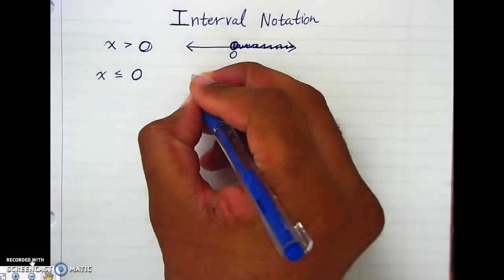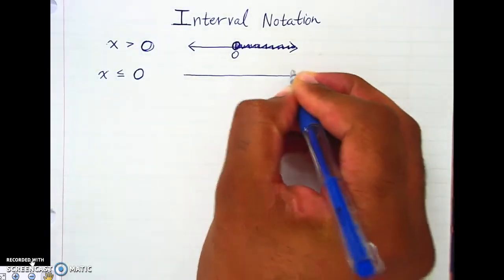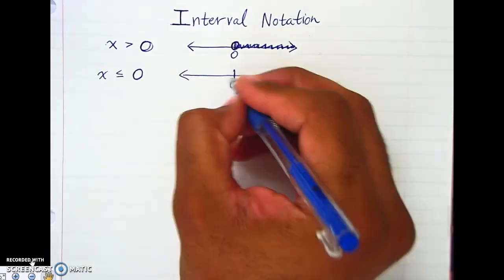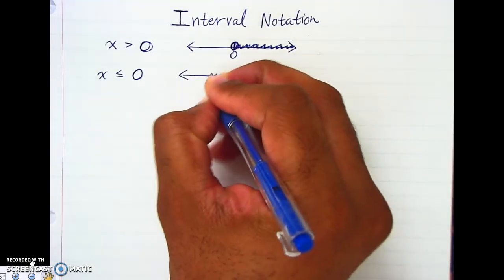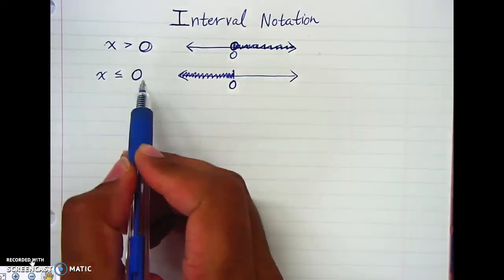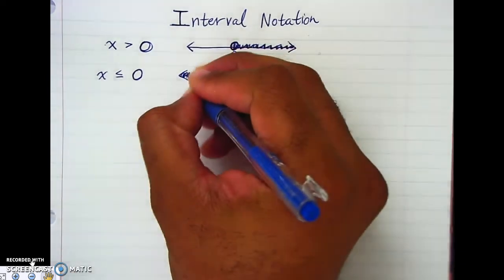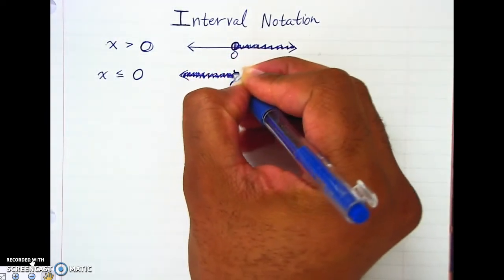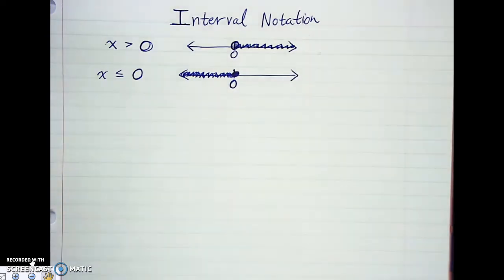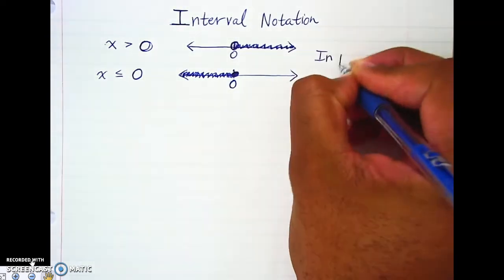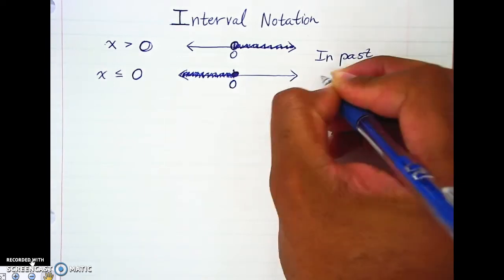So on this one, we have 0 in the middle again, and we shade it over on the left side because it says x is less than or equal to 0. So we shaded on this side, and we had a closed circle there. And this was in the past, in past math courses.